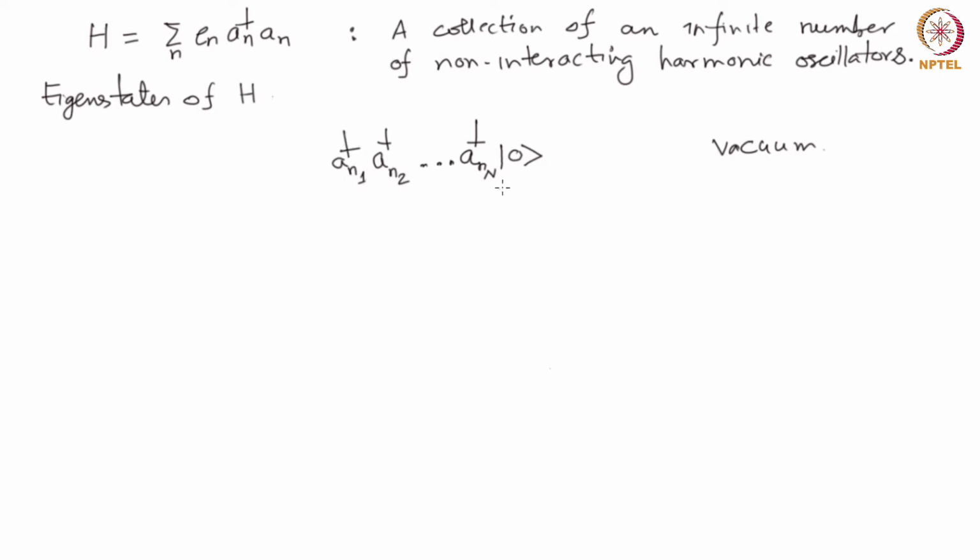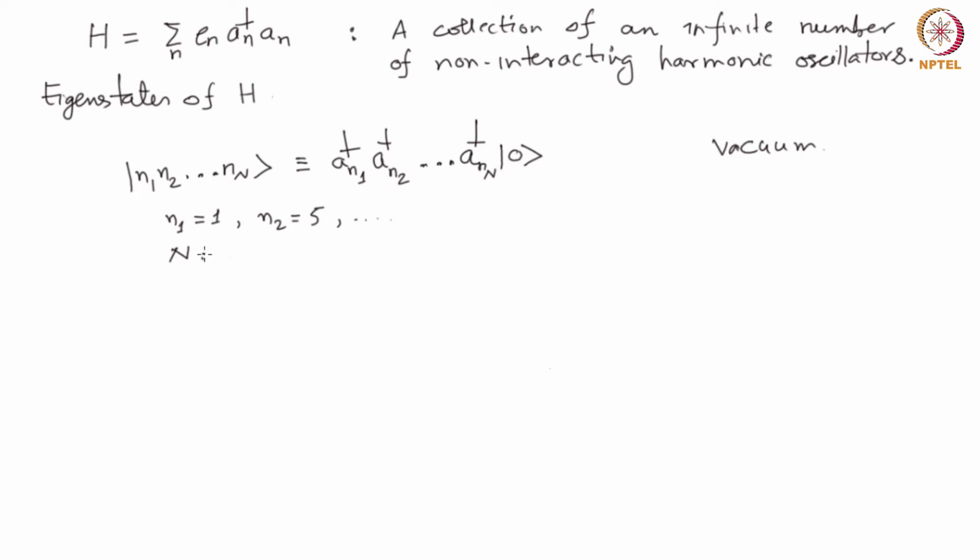Let me denote this state by this symbol. Your n1 could be 1, n2 could be 2 or 5 or whatever, and so forth.